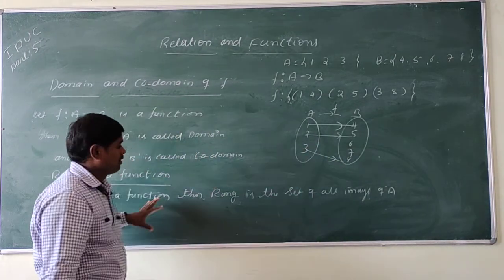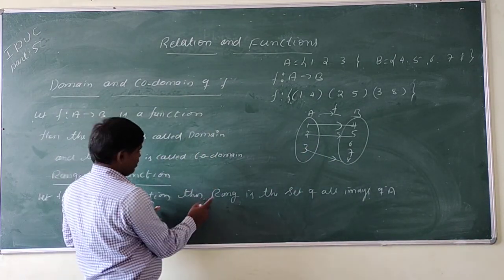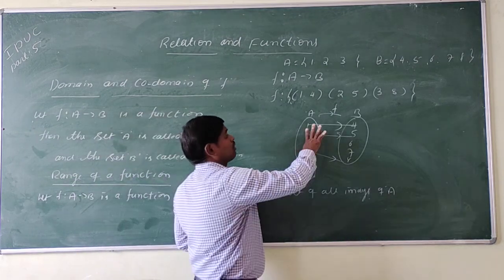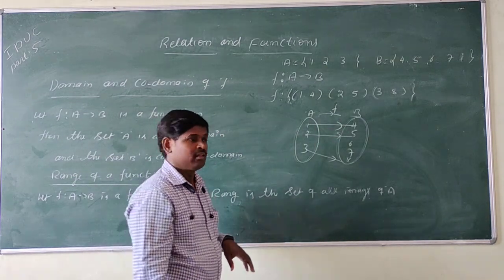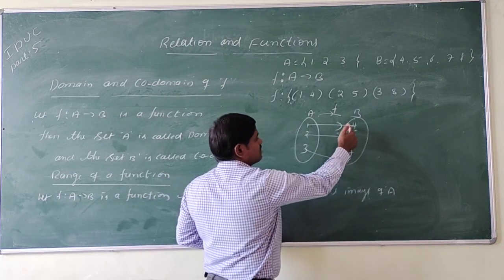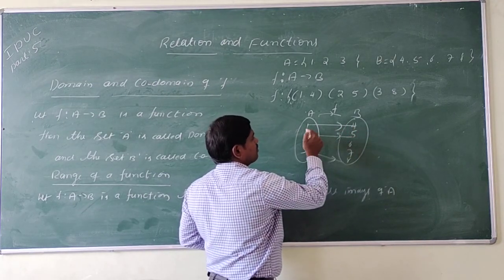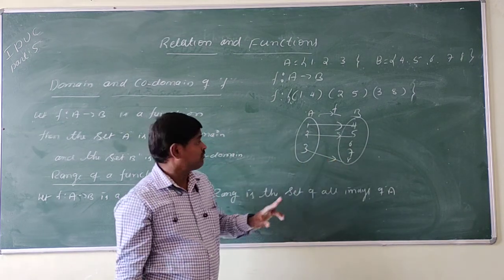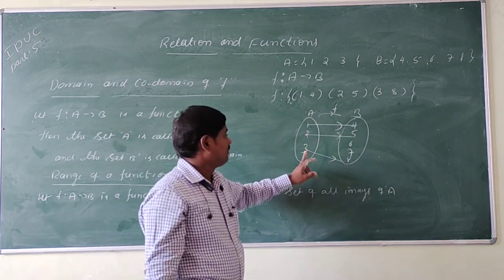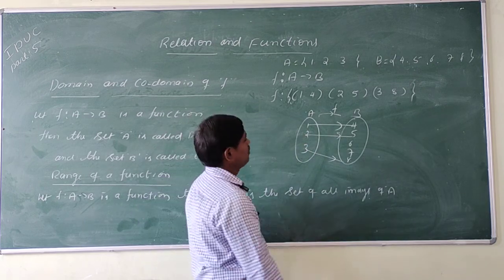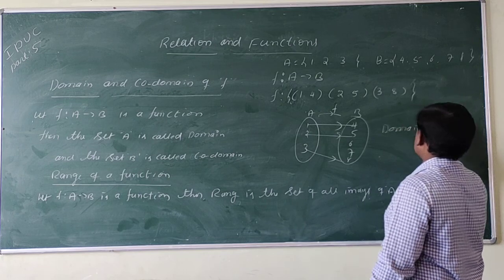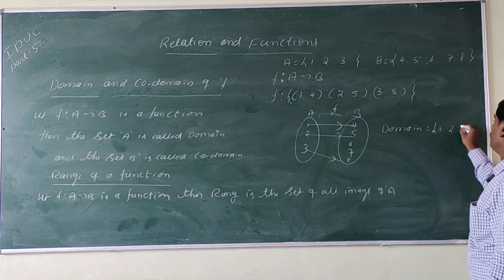Range is the set of all images of A. That means, what are the images of set A? 4 is an image, 5 is also an image of the element 2 in set A, and 8 is also an image of element 3 in set A. Therefore, domain is all elements in set A: 1, 2, 3.